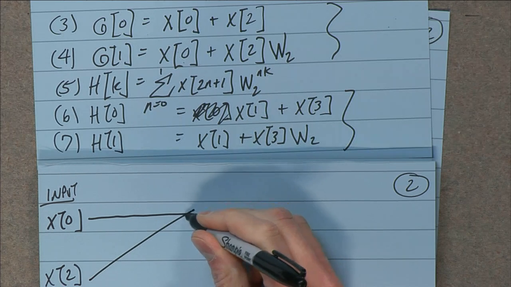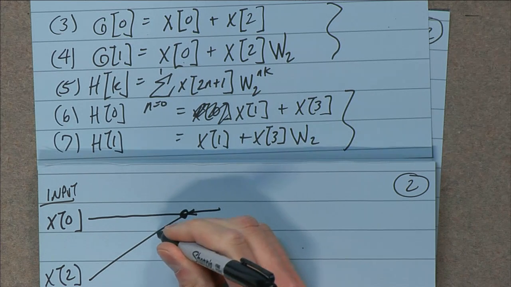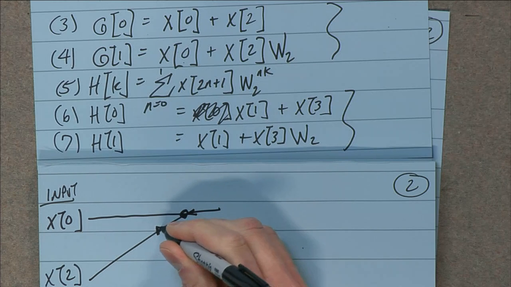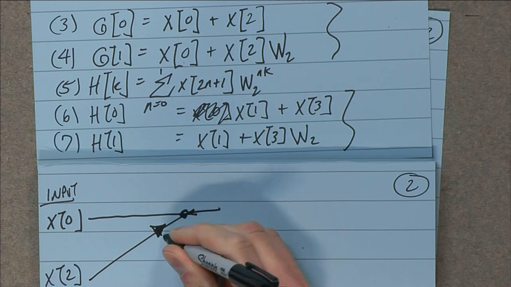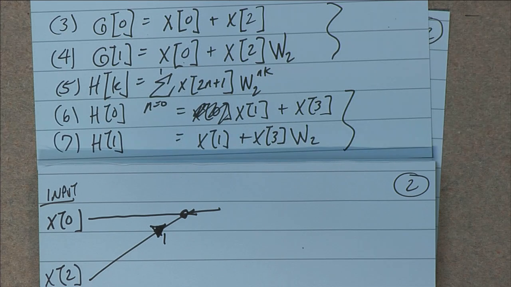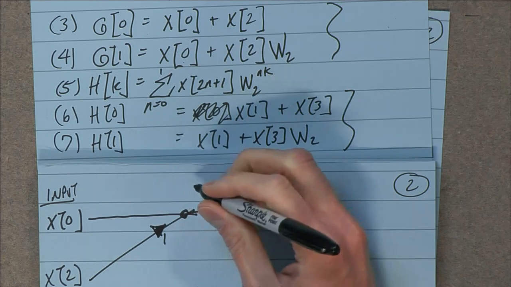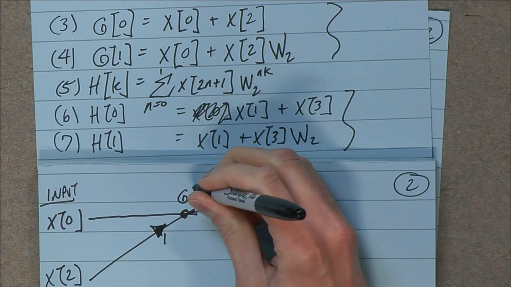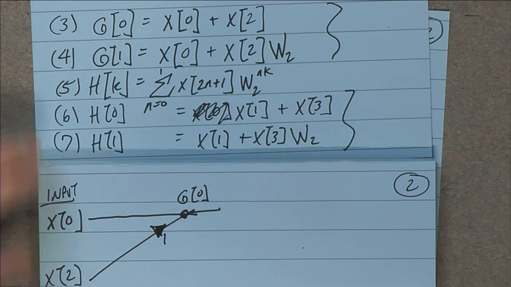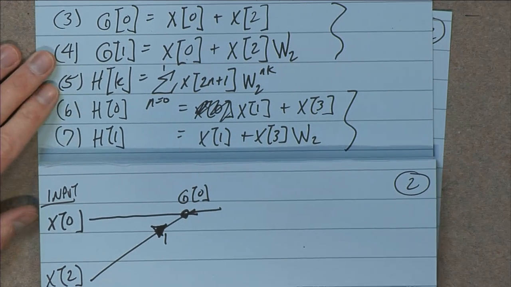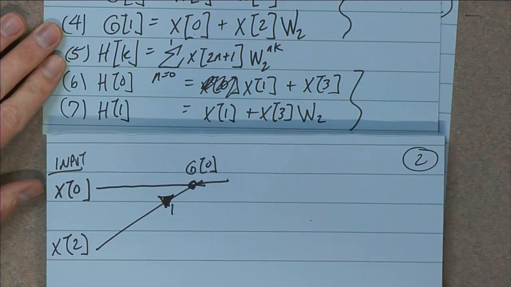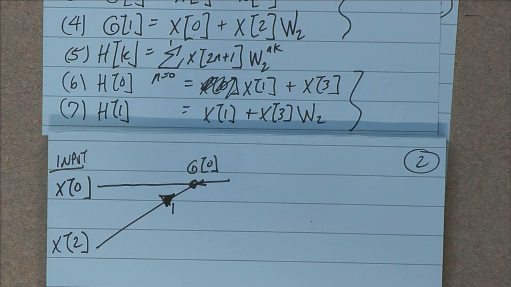If I do that, we're going to use our signal flow graph stuff from chapter 6. If I can make a triangle. So that's a sum there, and that gives us G0. And that's just using equation 3. So we'll shift that up. So we've got that part.